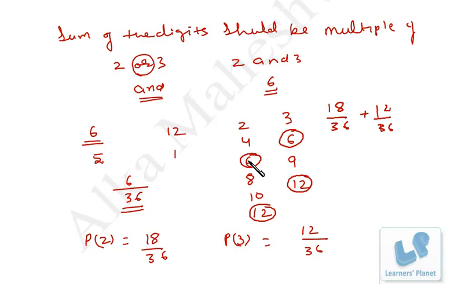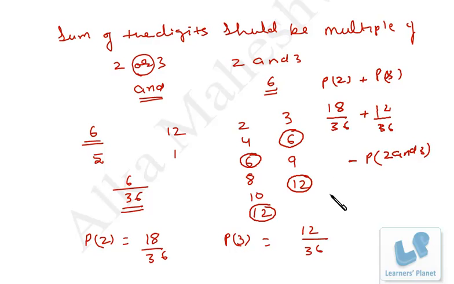So we cannot count 6 and 12 two times, right? So we need to deduct the combinations which are multiples of 2 and 3 both as well, right? So that's the probability of 2, this is the probability of 3, and we need to deduct the probability of 2 and 3, right? That means the combinations in which the numbers appearing are multiples of 6, right?